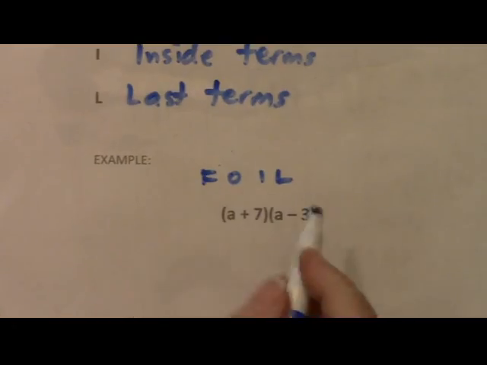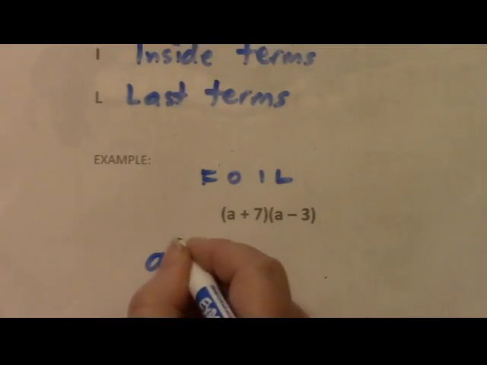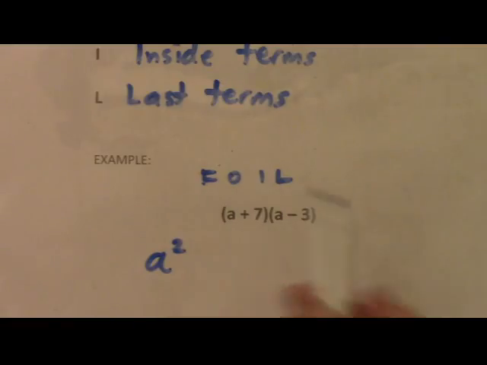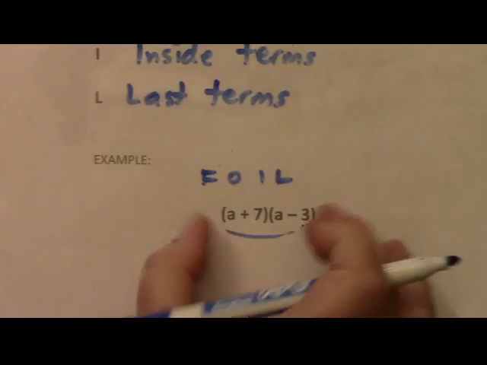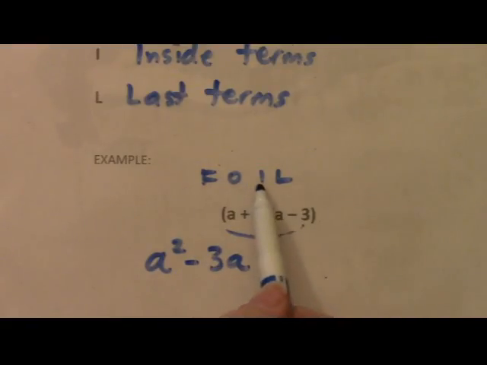The first terms are the first in each parentheses. So you would multiply your first terms. A times A gives us A squared. Outside terms, the ones on the outside of the expression, A times -3 gives me -3A.